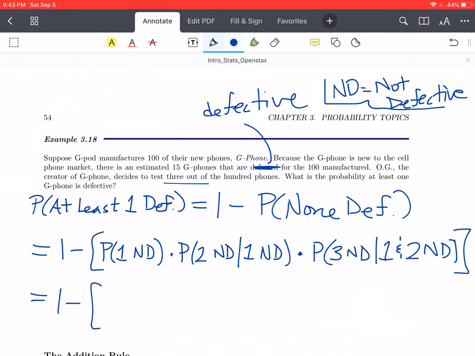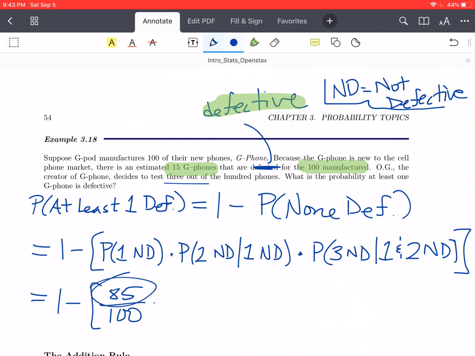So the probability that the first one they check is not defective, well, we know that 15 out of the 100 are defective, which means if we're looking for one being not defective, there is an 85 out of 100 chance of that happening, right? 85 non-defective phones. Now for the second one they check. They're not going to check the first one again, so it's kind of like doing it without replacement. What's the probability that it's also not defective? Well, there are 84 non-defective phones left, right?